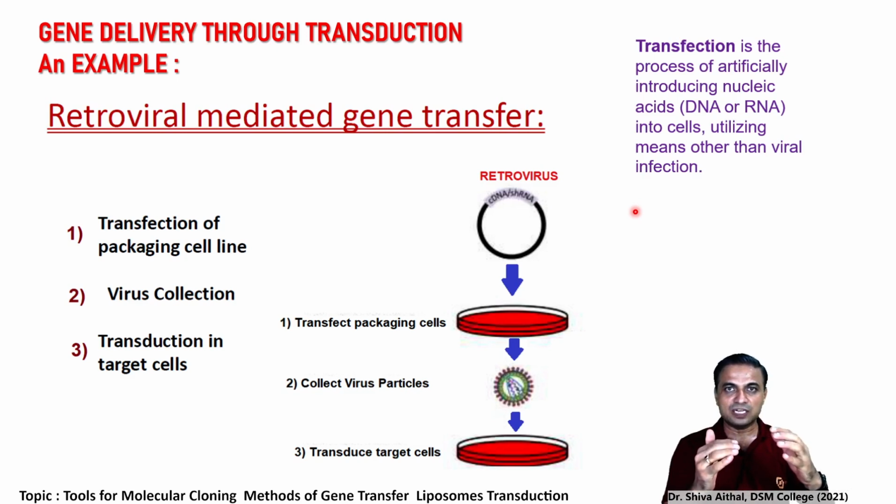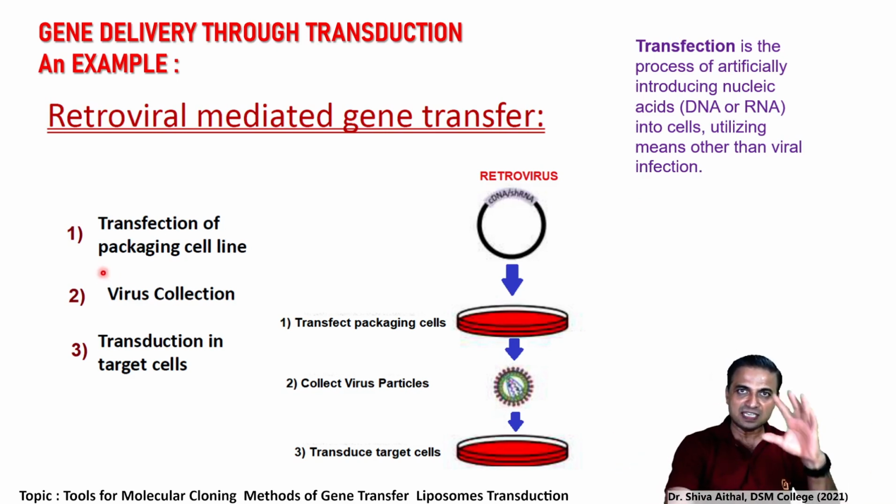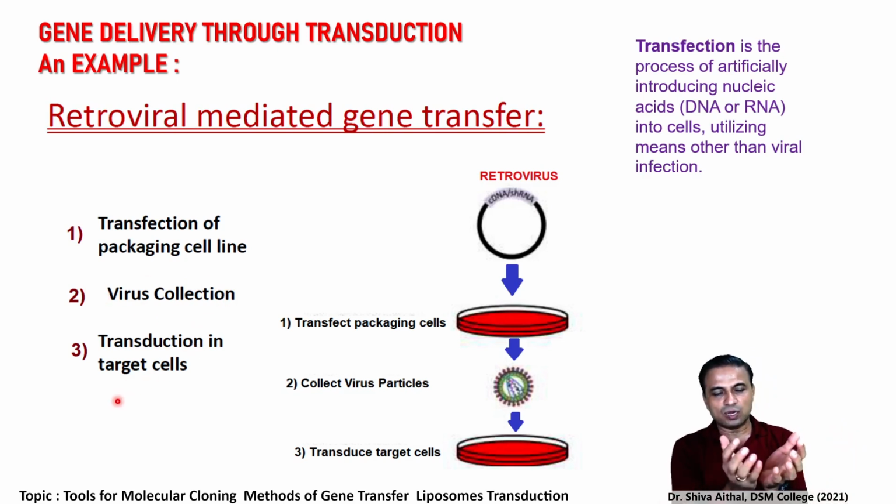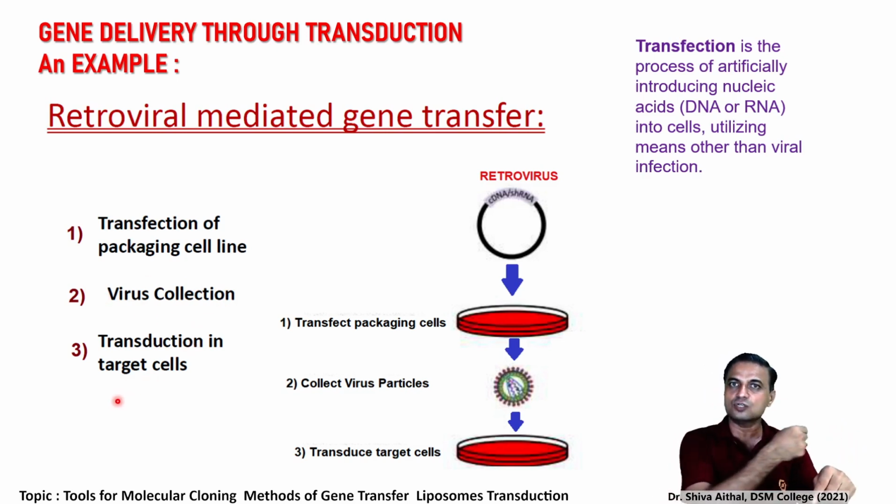So this allows the replication, but there is no virulence. Once that is done, by centrifugation you can collect the viruses and then use this viral culture for injection, that is transduction into target cells.